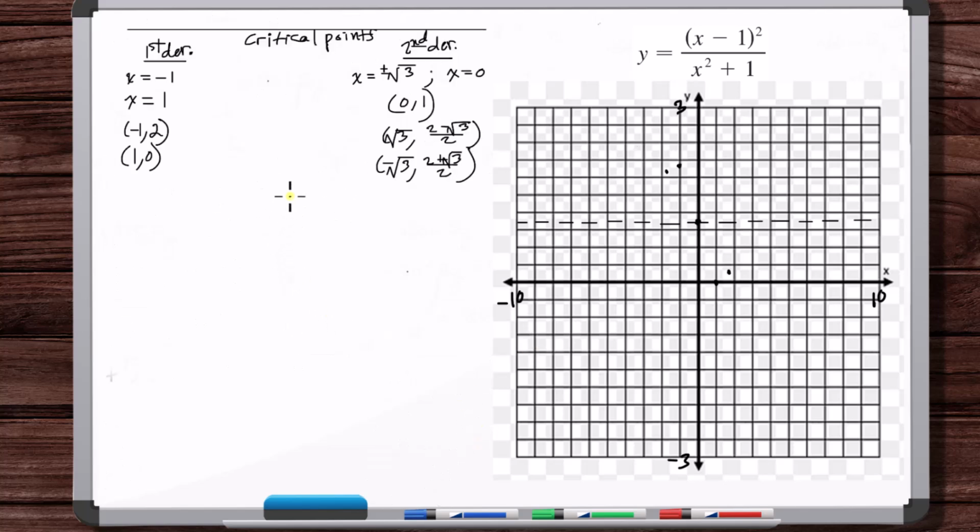Now, if we didn't know this function at all, if we were just working this blind, the idea is once we have these critical points, we would take the limit as x approaches each of the points from the left and the right and see, does any of those limits go to infinity? If they do, it's a vertical asymptote. But we're not going to do that. We know we don't have vertical asymptotes here.